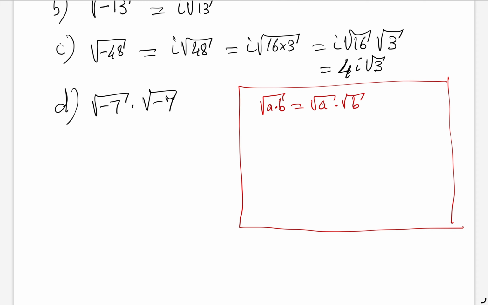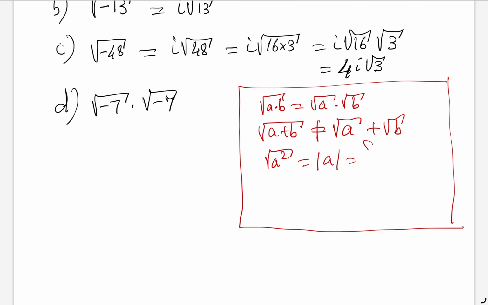Now, the square root of a plus b is always different, it's not true, it's always different from the square root of a plus the square root of b. And the square root of a squared is always equal to the absolute value of a: equal to a if a is positive, equal to negative a if a is negative. You have to remember these formulas.